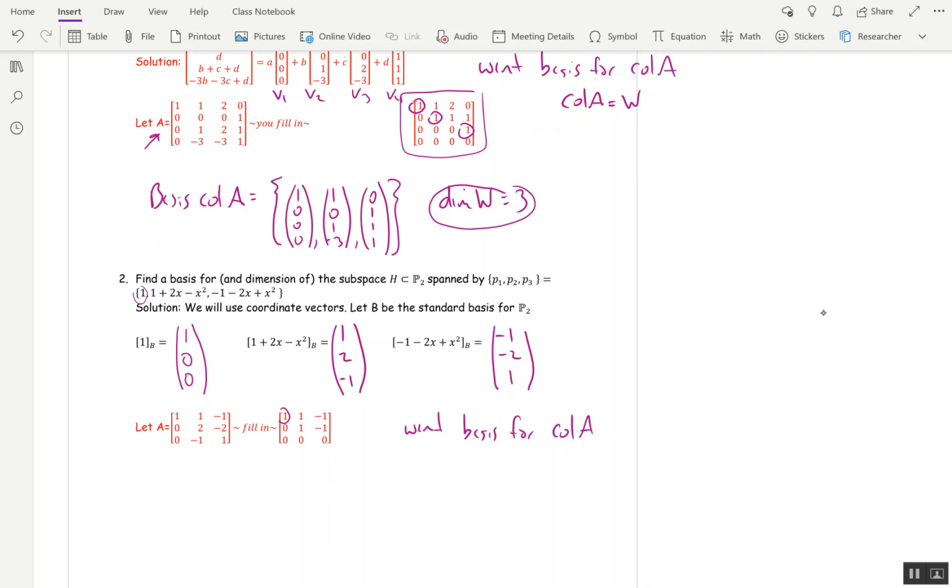It didn't take long, but there's 2 pivots, columns 1 and 2. So a basis for col A is, I need to take the columns from the original matrix, (1, 0, 0), (1, 2, -1).